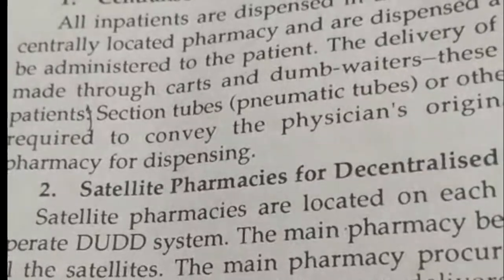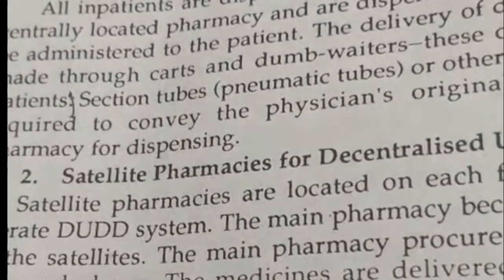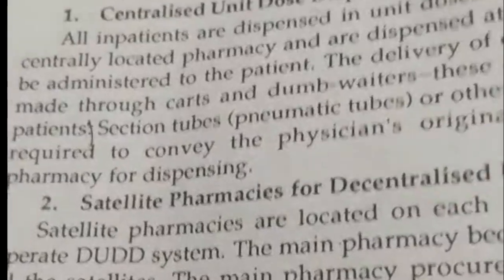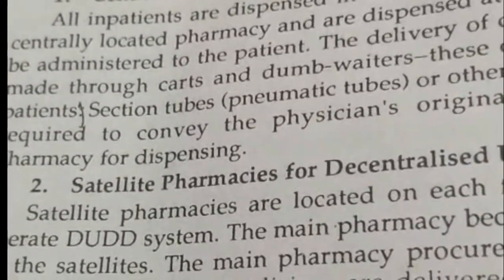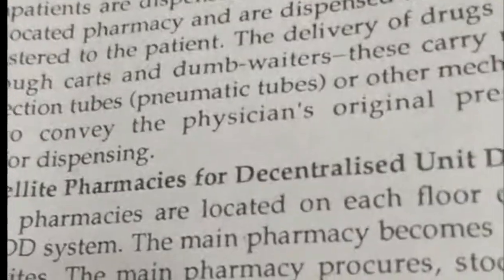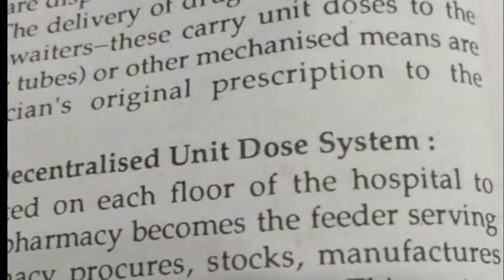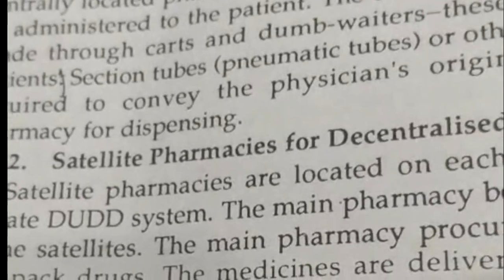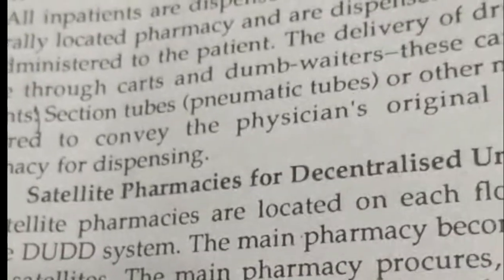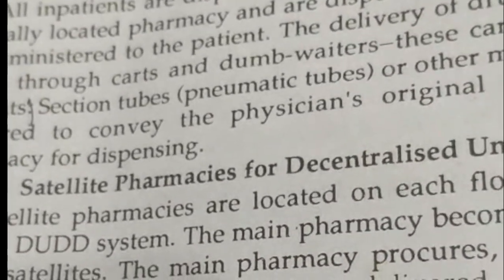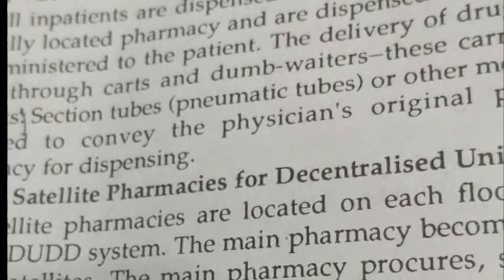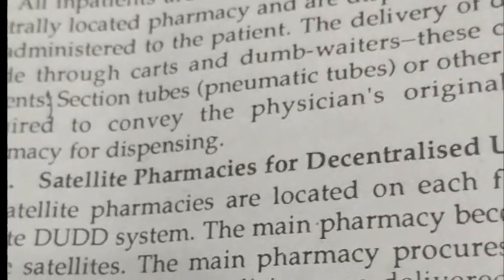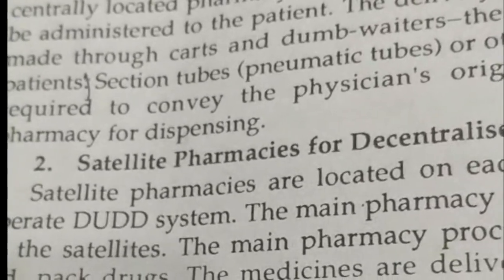In centralized unit dose dispensing, it is operated from a centrally located pharmacy, but satellite pharmacies are located on each floor of the hospital. The main pharmacy becomes the feeder serving all the satellites. From the main pharmacy the drugs go to the different pharmacies located on each floor. That is the difference between DUDD and CUDD.